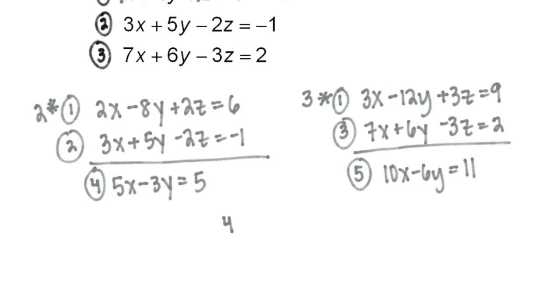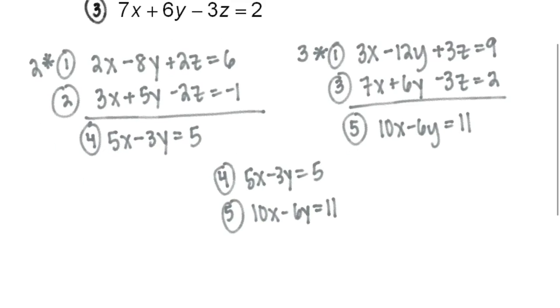We'll combine equation 4 and equation 5 together. We've got 5x minus 3y equals 5, and we have 10x minus 6y equals 11. I'm going to multiply equation 4 by negative 2, so that gives me negative 10x plus 6y equals negative 10.